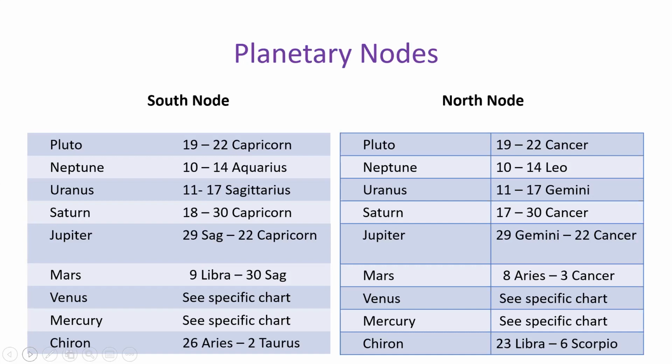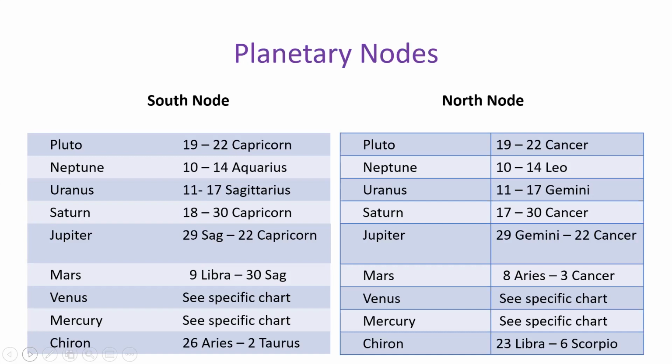So when Chiron's south node is in Aries, mostly its north node is in Scorpio. And when its south node is in Taurus, mostly its north node is in Libra. And there are just a couple of points in the year, I think twice, sorry, it slipped my mind right at the moment, where they are in opposition Aries-Libra.